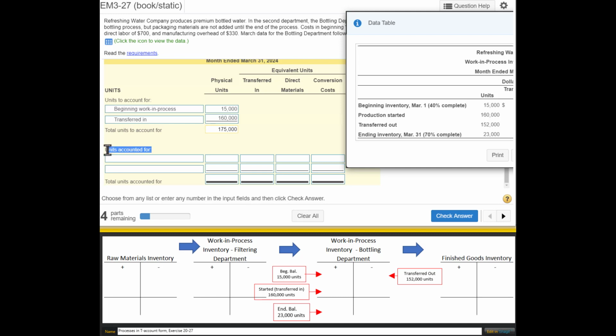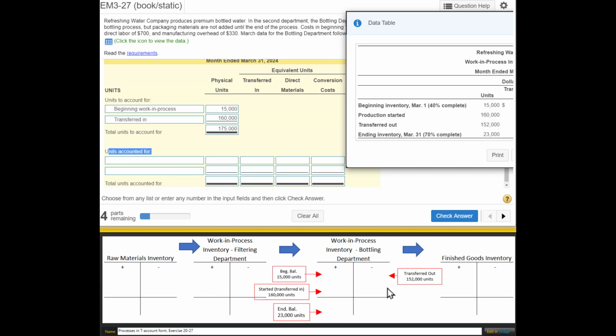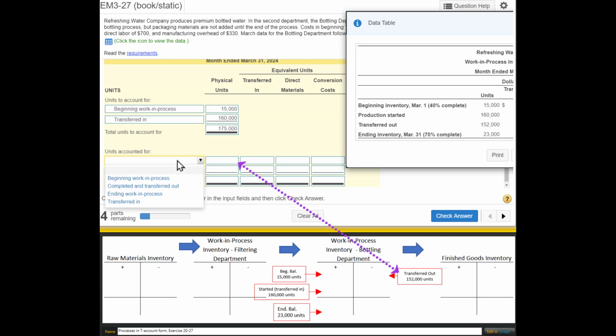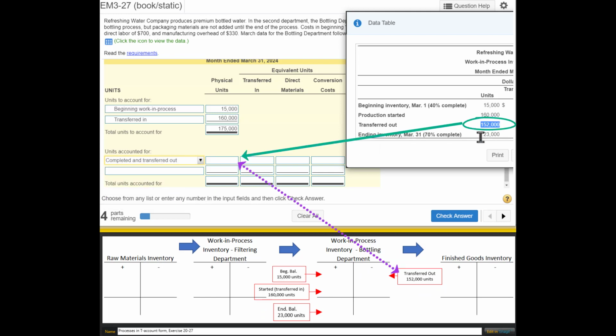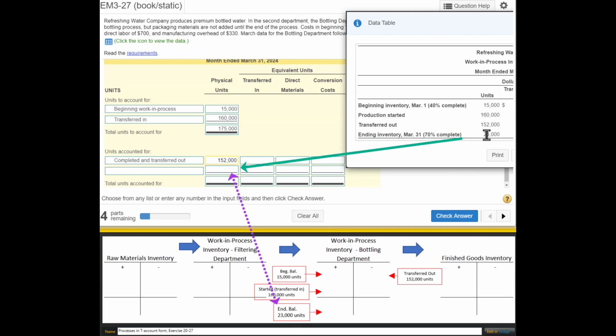Now we have to talk about the units accounted for. Units accounted for are the ones transferred out and the ones still in the ending inventory because they're unfinished. So those labels are completed and transferred out. That's this 152,000. And because they were transferred out, by definition, that means they were completed. And then we have these ending units, which also comes from here, 23,000, ending work in process.